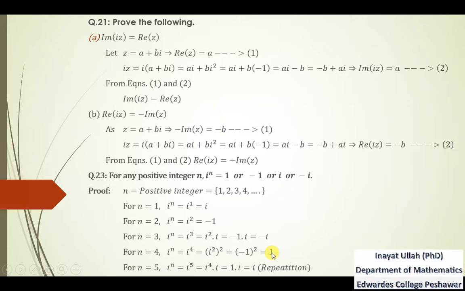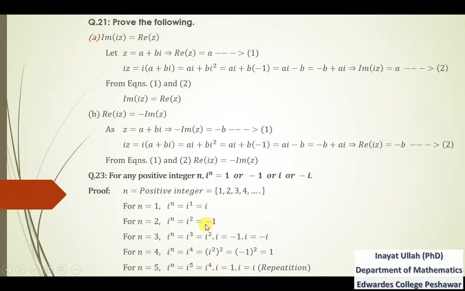When n is equal to 5, iota power 5 can be written as iota power 4 into iota, and iota power 4 is 1, so 1 into iota is iota. So you see here the answer is repeated. This is iota, that is iota. So when we take n equal to 6, we will get minus 1.